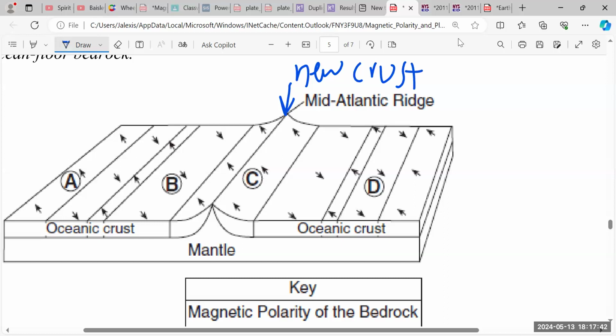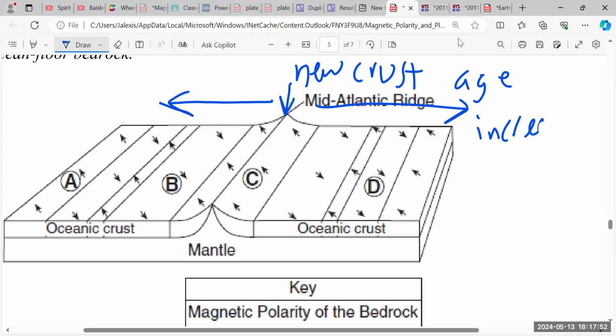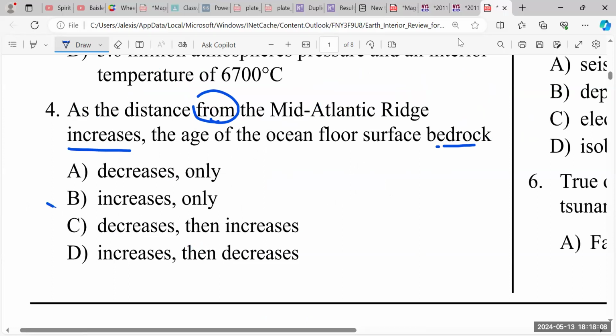And so the rule is whether you're heading to the left or to the right, the age of the ocean floor increases. So as long as you're starting from the mid-Atlantic ridge to any other location, the age of the ocean floor is going to increase. And so that's why the correct answer is going to be increase only.